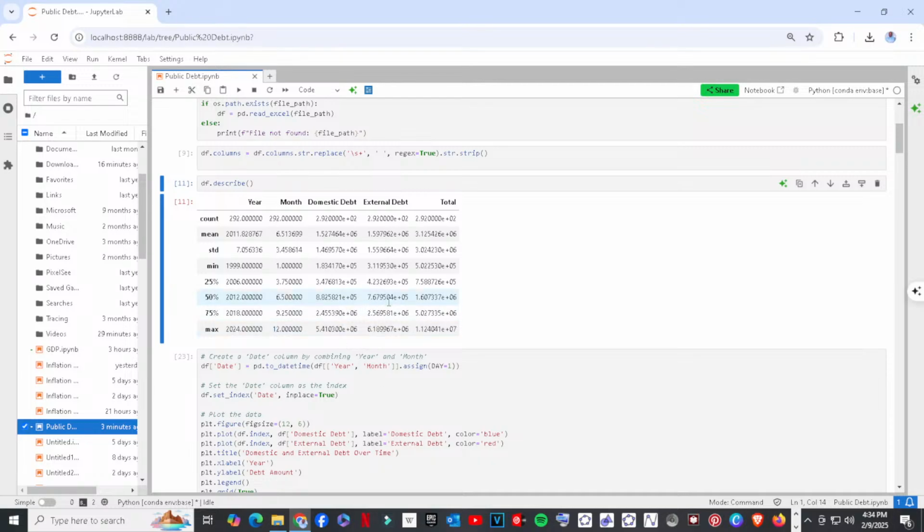And the debt levels have increased significantly, as the maximum total debt of 11.24 trillion is over 22 times the minimum debt of 502 million. But then another thing we should see is let's compare the mean and the median. Looks like the mean and the median coincide.